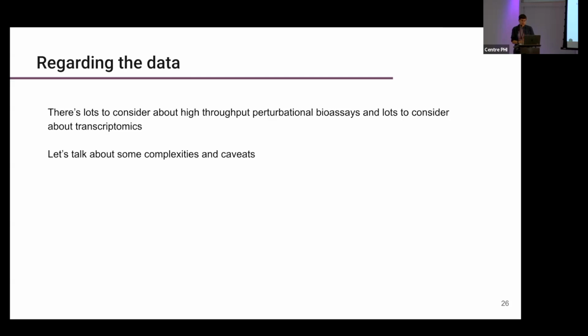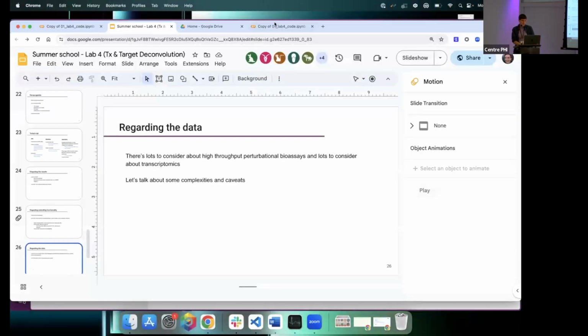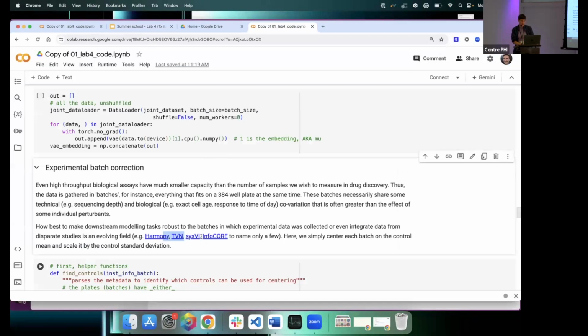Otherwise, I think the most ambitious study I've seen on integrating these is this SysVI method, where they were really claiming not just cross data set, but cross proteomics versus transcriptomics, really trying to go for the extremes of batch correction.